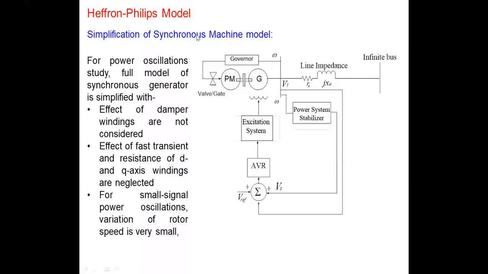The simplest model that we have is the single machine finite bus system, or SMIB, which can be referred to as the Heffron-Phillips model. As you can see, we have a generator with the prime mover, and it also includes the governor. In some cases the governor is included, in some cases not, because the oscillations are related to state variables from the excitation system, so most SMIB modeling approaches exclude the governor.